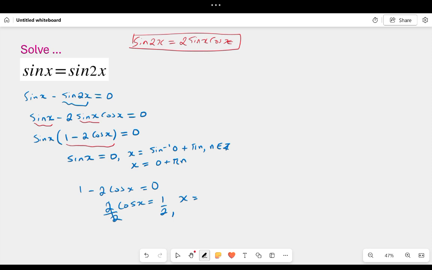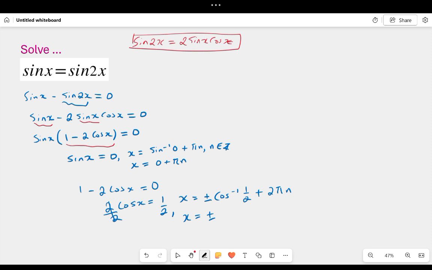x will be as a result of the cosine inverse, because the cosine is an even function. So we are going to say plus or minus the cosine inverse of 1 over 2 plus 2 pi n periods. Now, our x value is going to be plus or minus the cosine inverse of a half. This is a special angle.